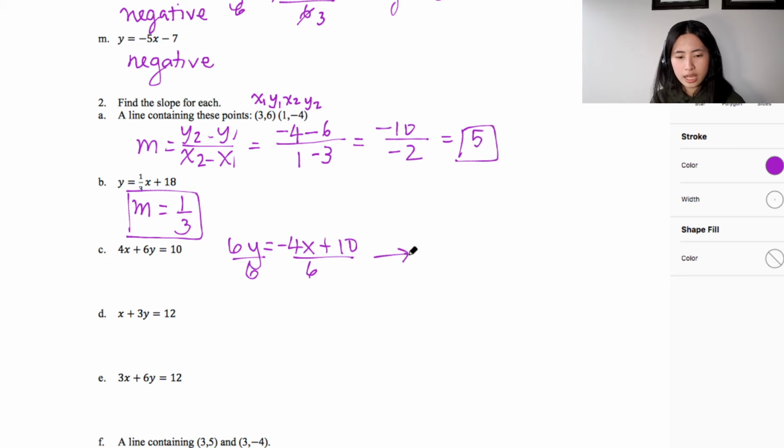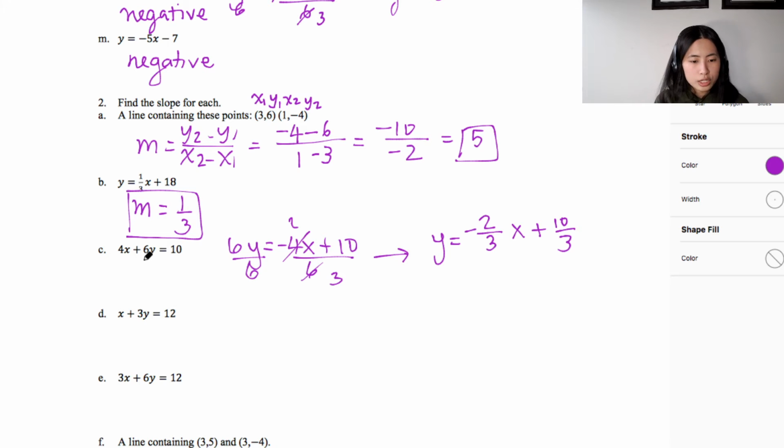Therefore, you're going to get y is equal to, so this is divided by 2, this is 2 and 3, so this is negative 2 over 3x. And finally, you have plus 10 over 3. So your slope is actually m is equal to negative 2 over 3.